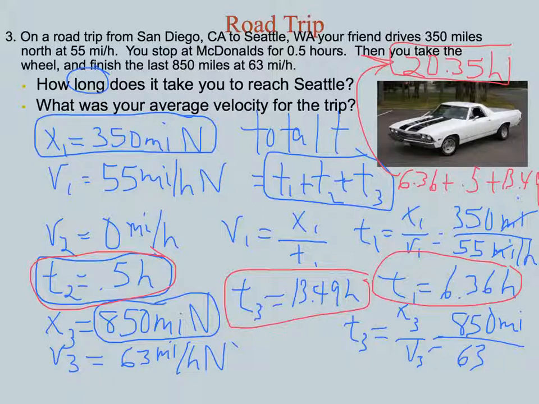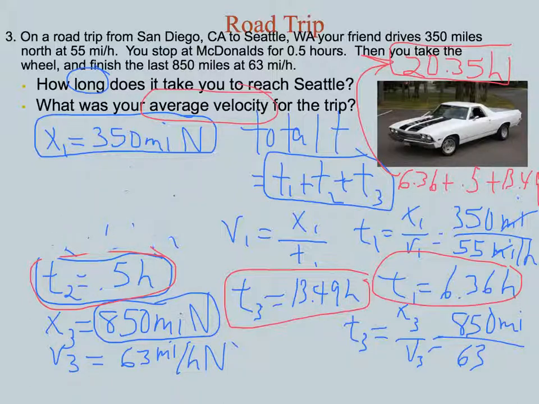And then the last part of the question says, what was your average velocity? Well, I run out of space here, so let's erase a little bit of what we've already done. Let's get rid of some of our values we don't need anymore. That might give us enough space.